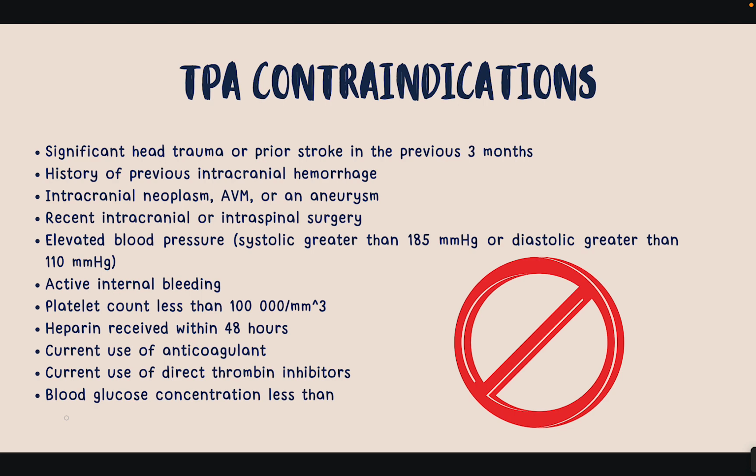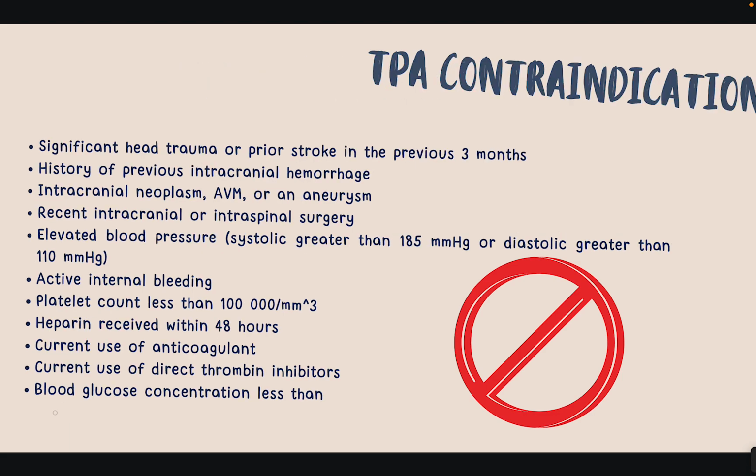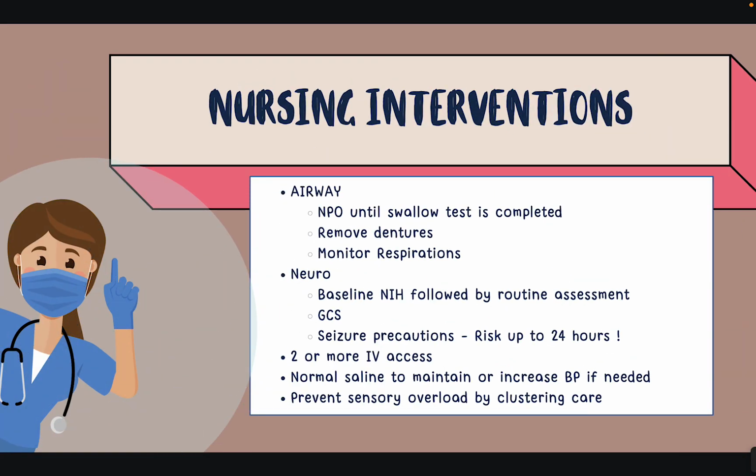Because a lot of people have had MIs, they've had DVTs, they've had prior strokes, you know, and they've been placed on these anticoagulants. So if the patient had taken that anticoagulant that day, you cannot give this medication. Neither if they have taken their direct thrombin inhibitors, and then their blood glucose cannot be less than 50. Okay, so make sure you guys know that.